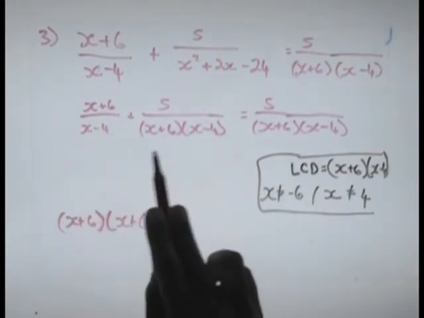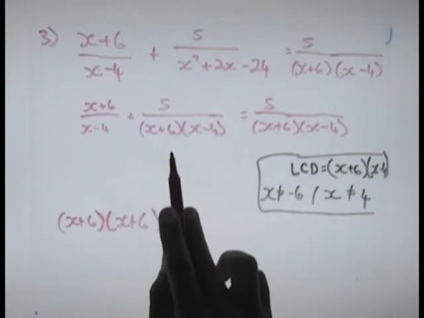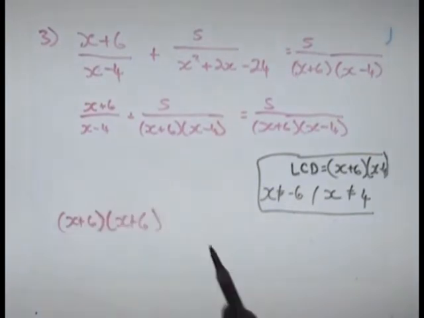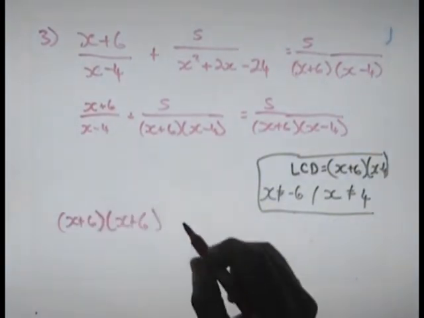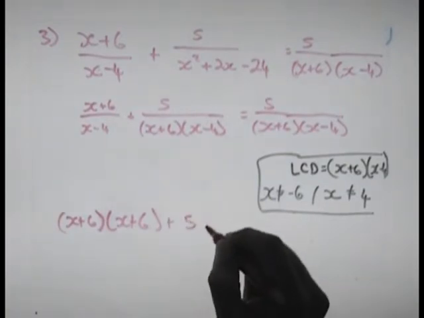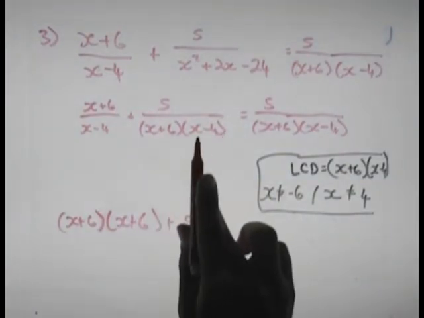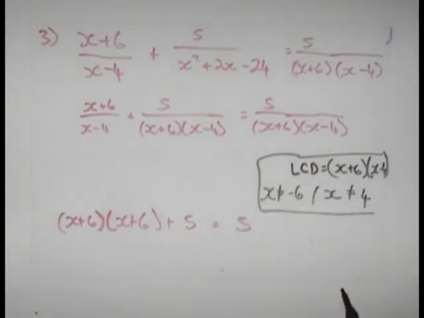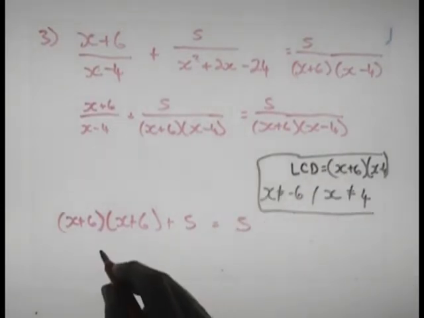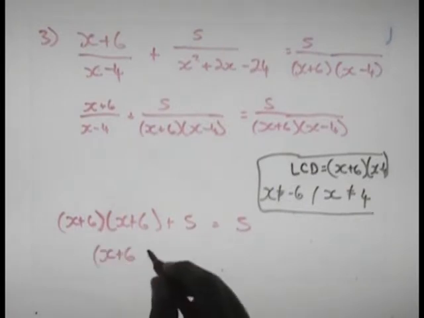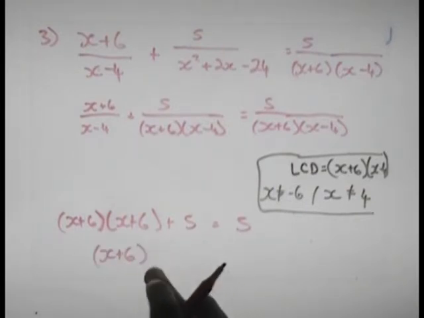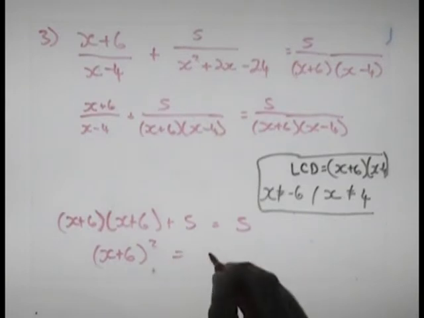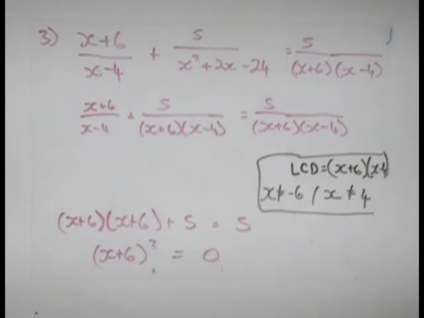I've got to multiply it by x plus 6 in order to get it to a common denominator. Plus 5, that multiplies out, is equal to 5, again that multiplies out. That means that x plus 6 multiplied by x plus 6, which is just x plus 6 squared, is equal to 0.